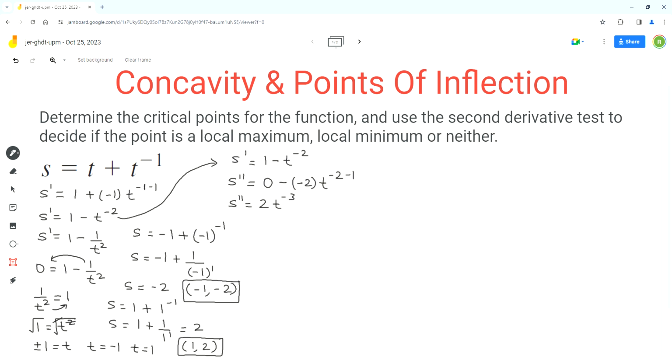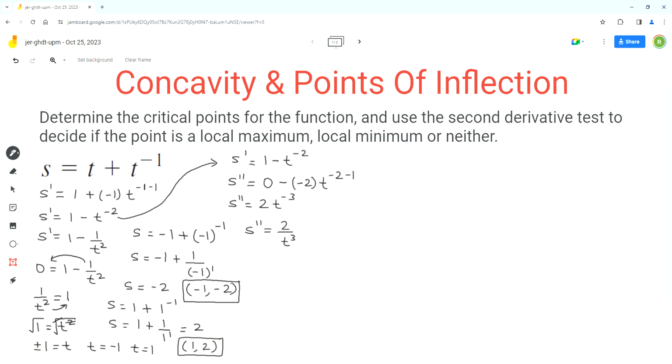And we can move t to the denominator to make its exponent positive. So this is the expression for the second derivative of s.